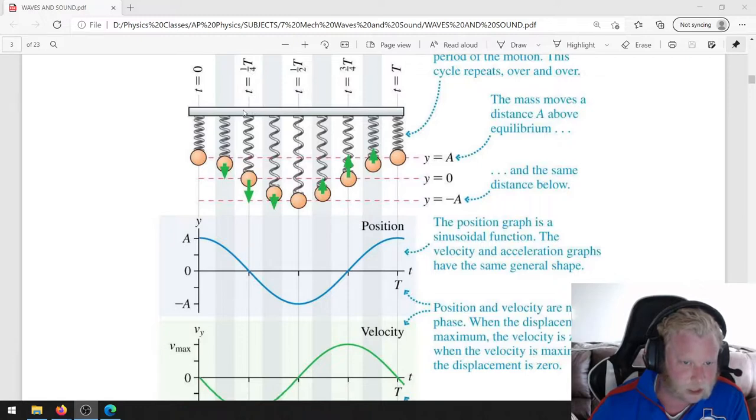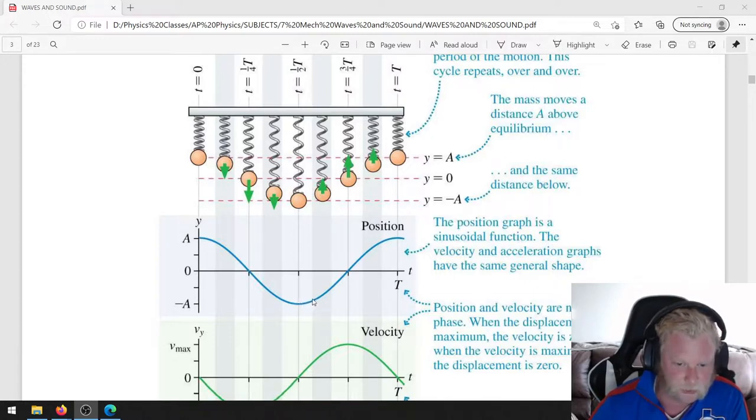At 1/4 of your period, you've reached equilibrium, right? So it goes down to equilibrium, and then by the half period, he's halfway through his cycle, which means that he's at the maximum negative distance, the negative amplitude, represented down here.